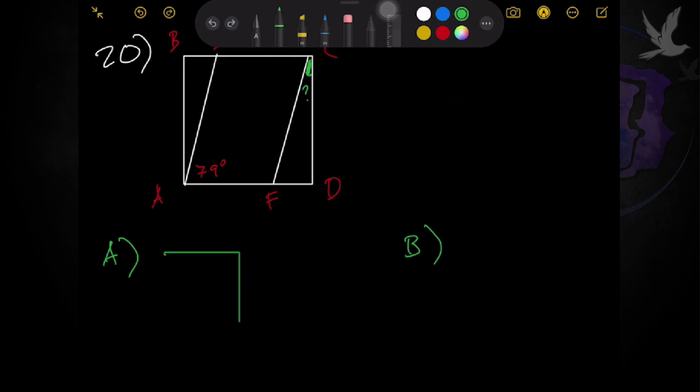Okay. Hindi siya scalene. Dapat kasi right angle. Okay. I'll just erase this part. Ito yung B. Okay. So, two ways.